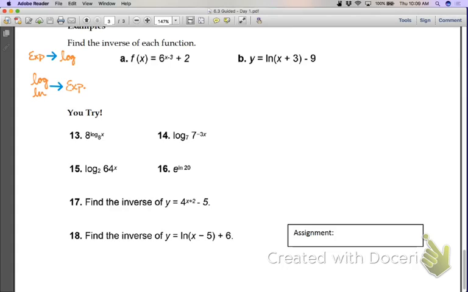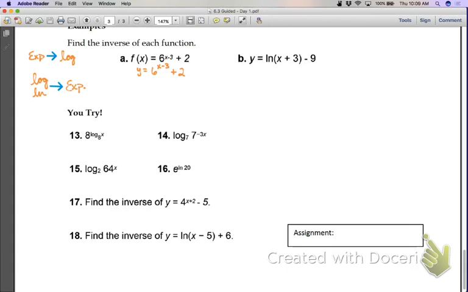So first thing, whenever I do the inverses, what were the 3 steps that I had to do? What was the first thing I had to do? Change the f of x to what? A y. So I have y equals 6 to the x minus 3 power plus 2. What was my second step whenever we found inverses of functions? Flip the x and the y.